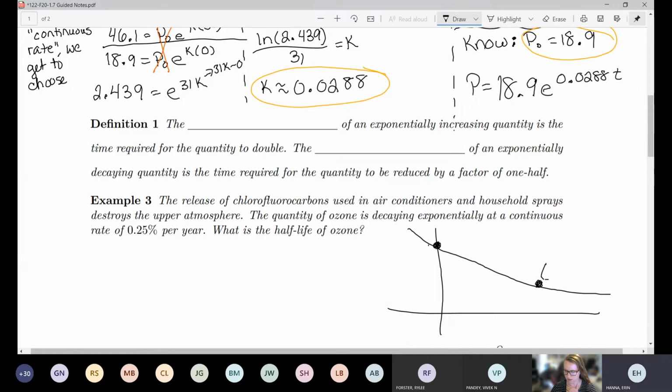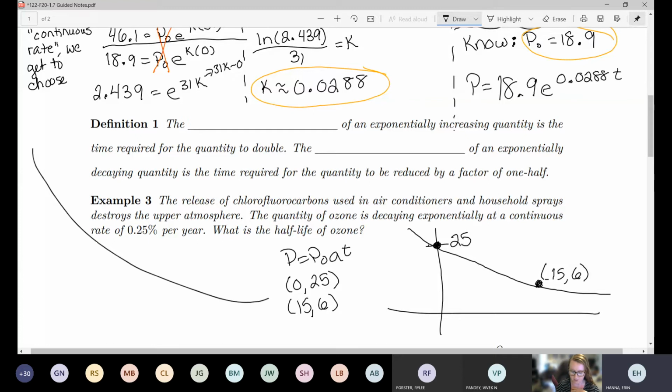You've got ones that look like this, and then it asks you to find the equation of the exponential function. So you have 2 points. You have 0, 25, and 15, 6. So you're going to use the process that we essentially just used here, but for the a to the t form, which we did in 1.5.